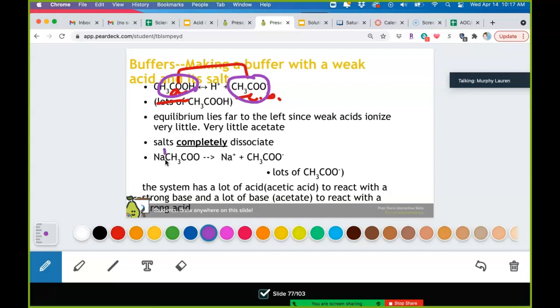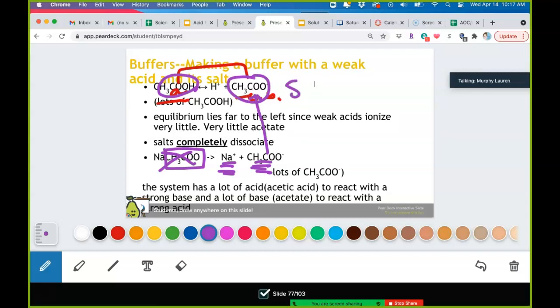So what you do is you take a salt like sodium acetate, lithium acetate, potassium acetate, don't care which one it's with. And remember, salts, for right now, completely ionize. So salts are giving you all of this and all of this. It doesn't really stay like this, assuming it's a soluble salt. So if you put the salt in with the weak acid, now you have tons of acetate.